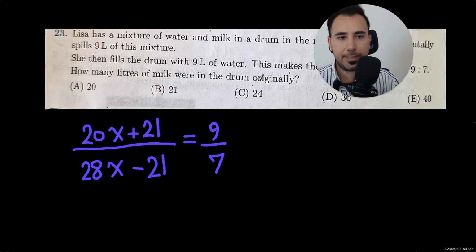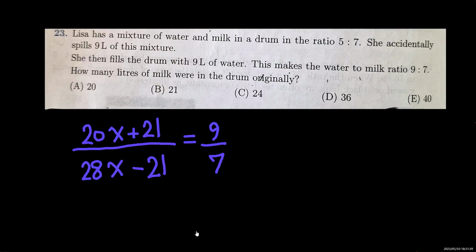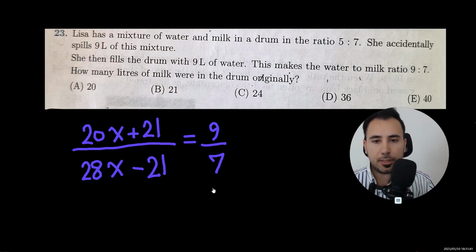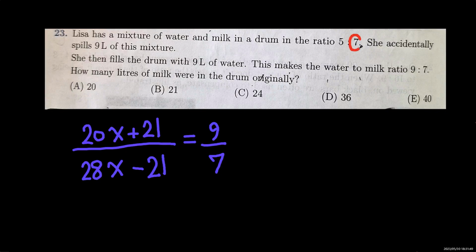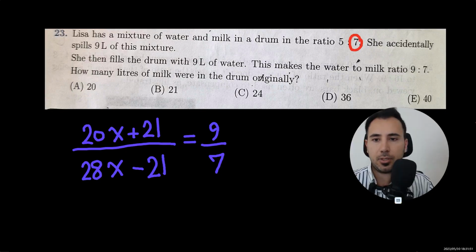I have another idea. You see here, the question is, how many liters of milk were in the drum originally? This is the ratio of, this is 7. So most likely B is the answer. Why? Because B is the only one that is divisible by 7.